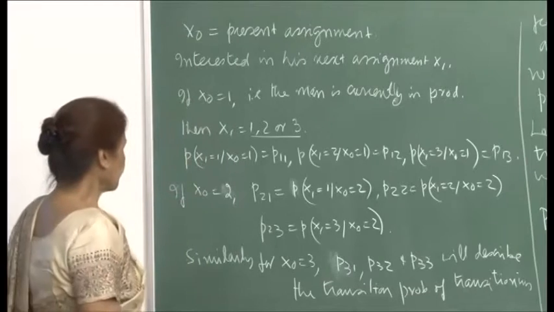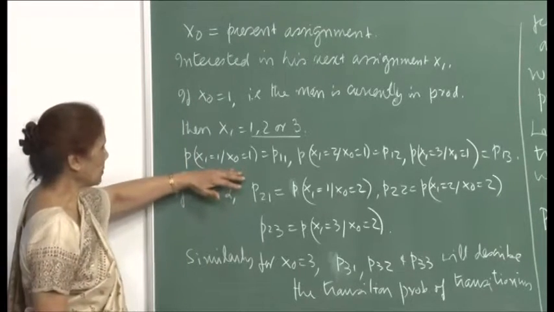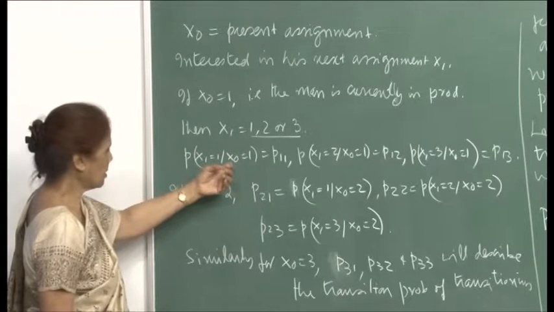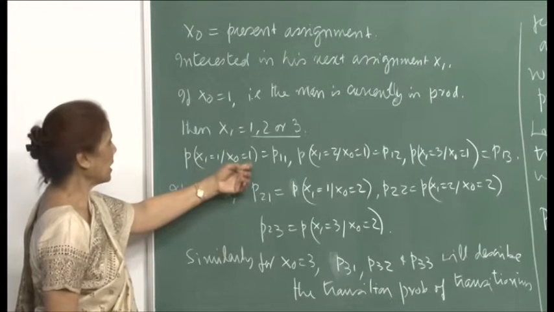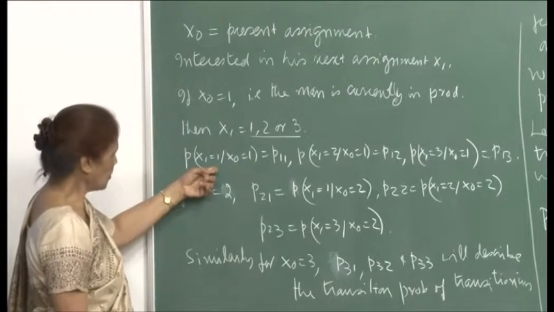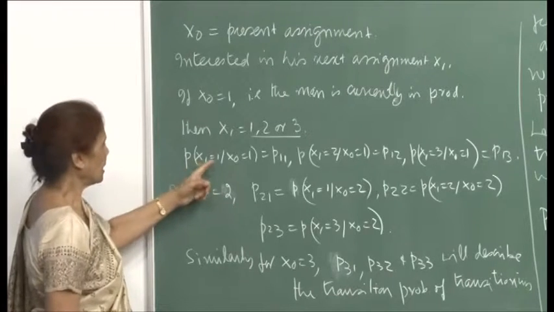So you want to know the probability. This has to be given to you: if he starts his career with X naught equal to 1, in production right now, what is the probability that he will be kept in production again, so X1 is 1.